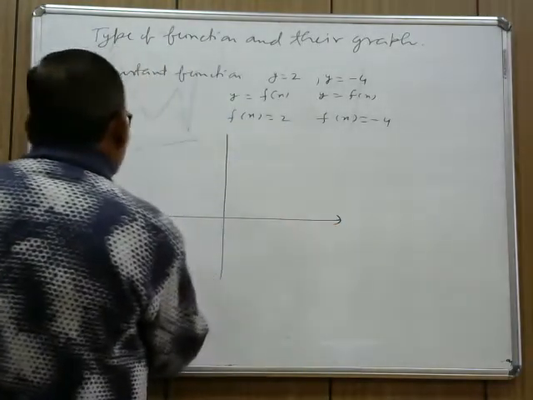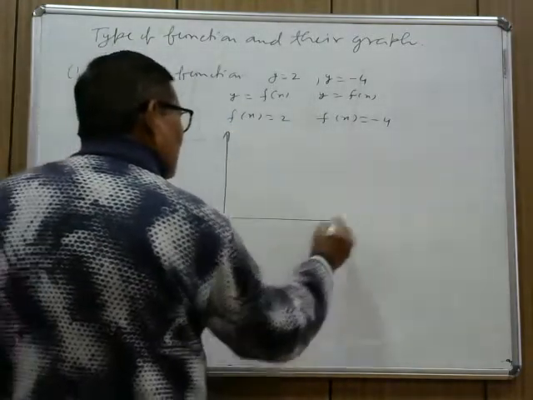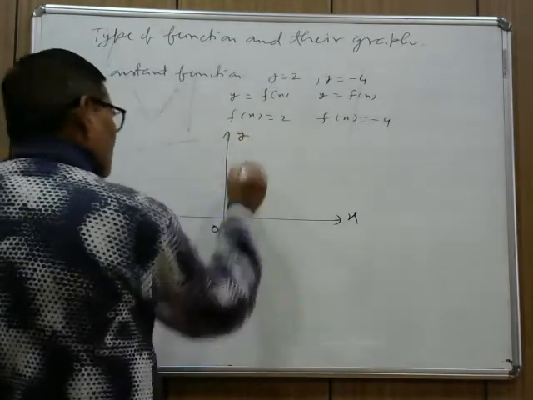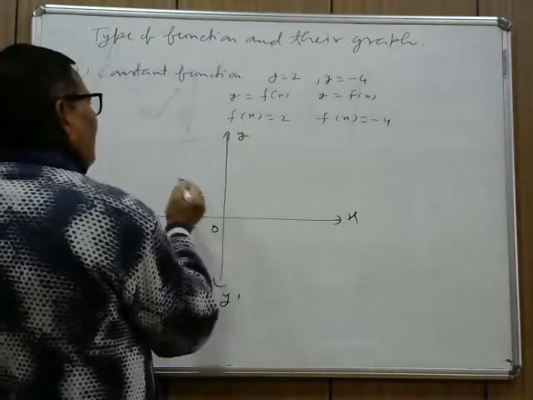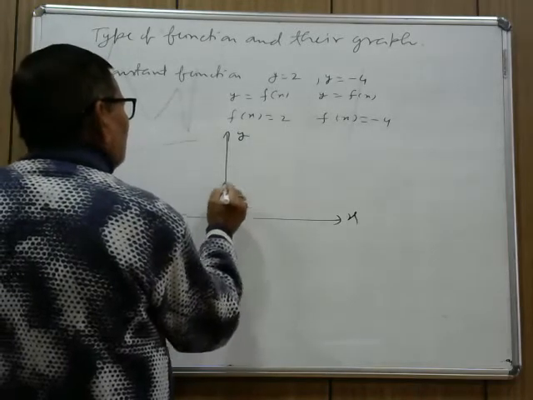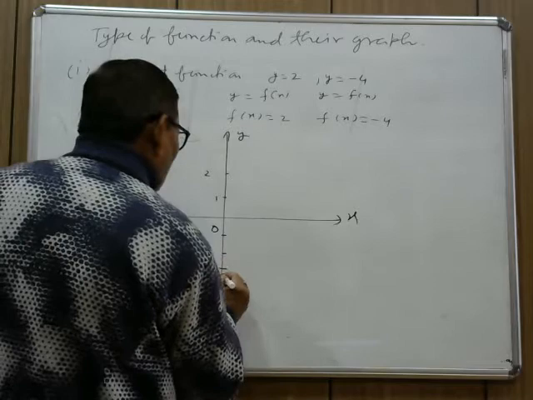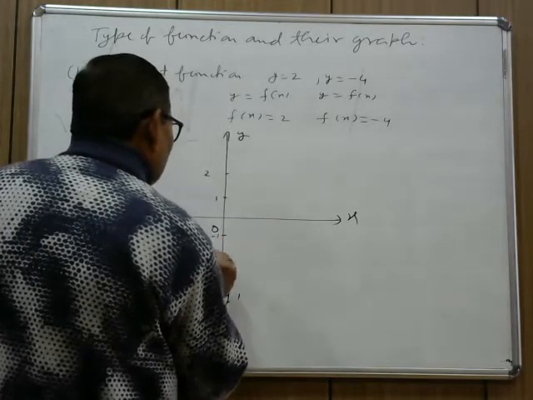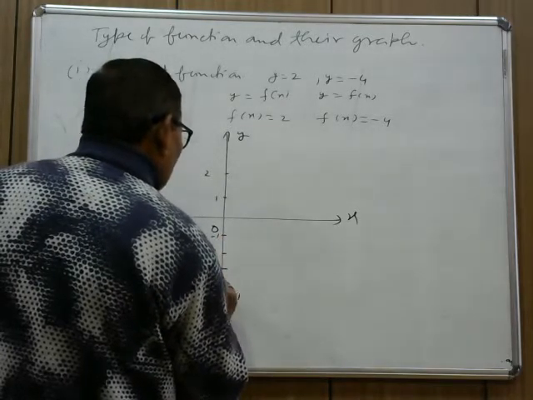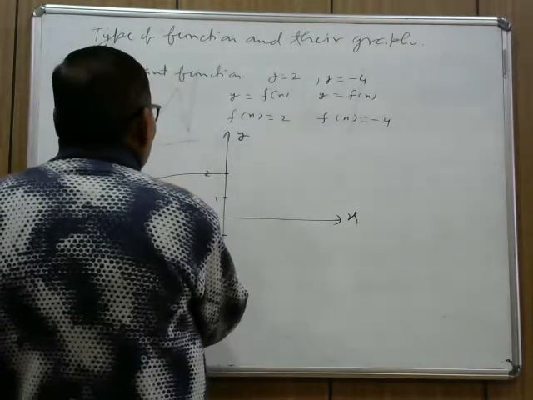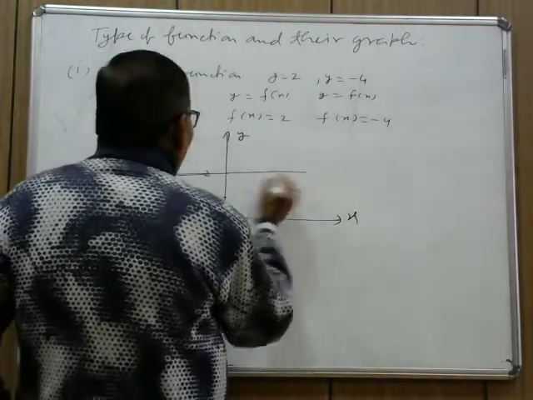This is your x-axis, this is your y-axis. f(x) equals 2. This is 1, this is 2, 1, 2, 3 and 4, -1, -2, -3, -4. The graph of f(x) equals 2 is the graph of this function.